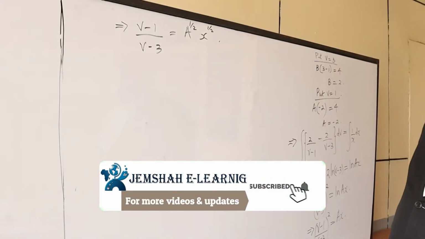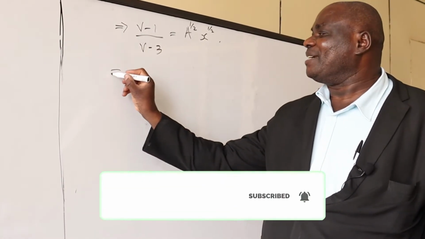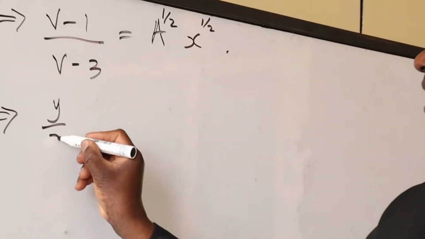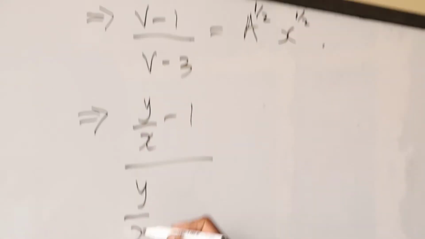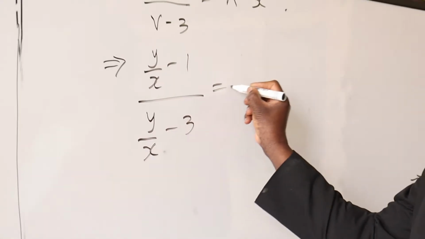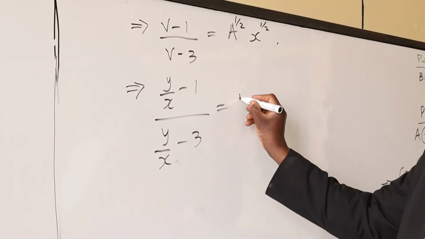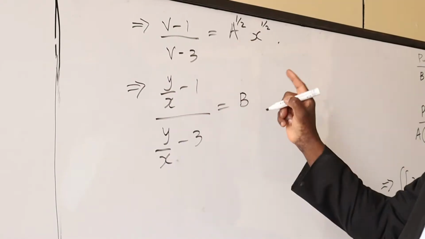So from this now, we say this implies what? We are replacing for the value of v, y all over x minus 1, all over y all over x minus 3 is equal to a power half. A power half, which we can call b, another arbitrary constant.